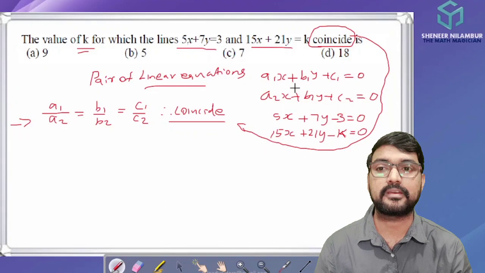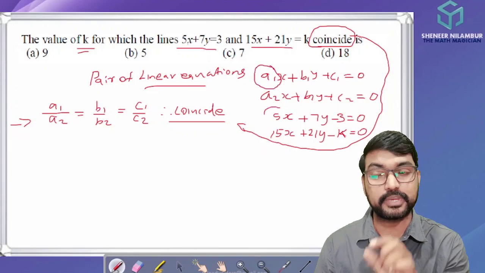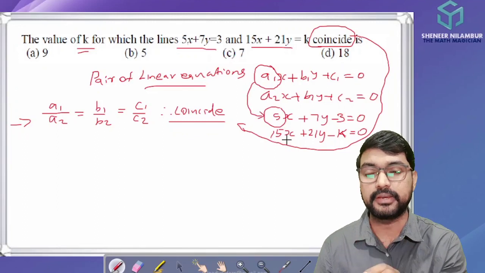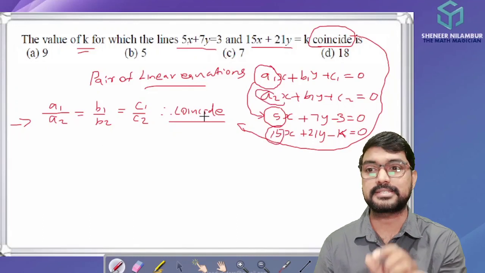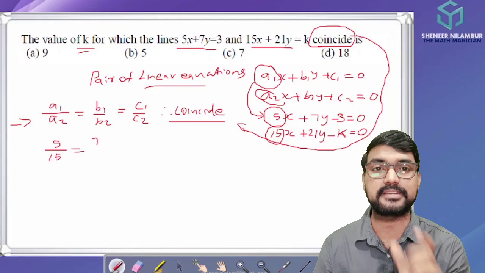Now we can identify a1. 1 stands for the first equation, so a1 means the first equation's coefficient of x, that is 5. So 5 by a2, the second equation's, is 15. So 5 by 15, 7 by 21 and c1 by c2, minus 3 by minus k.